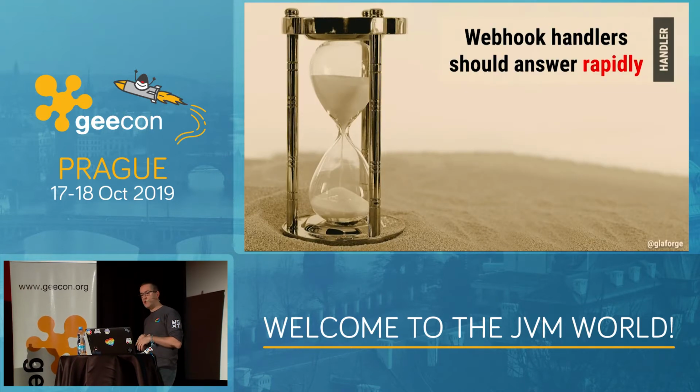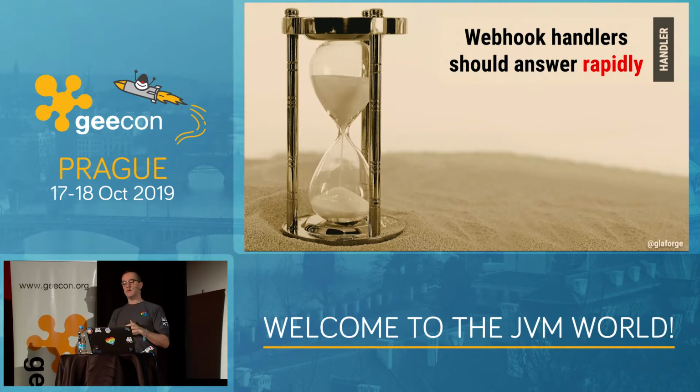Webhook handlers should answer rapidly, because if the service provider is waiting for you to answer, it cannot necessarily serve more handlers at the same time, because you only have a limited number of connections, for example. So you might have to scale more horizontally.